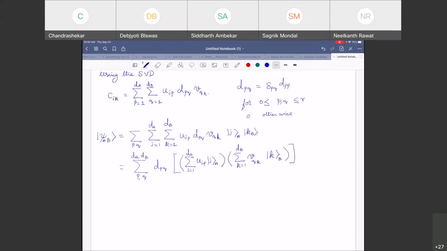So now we can define these two parts as some vectors, the basis vectors, E and F.